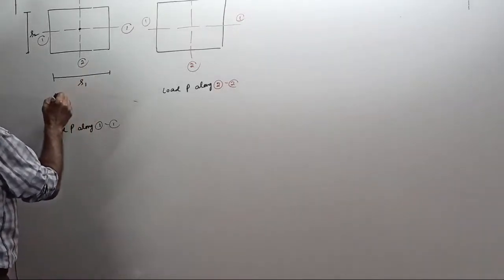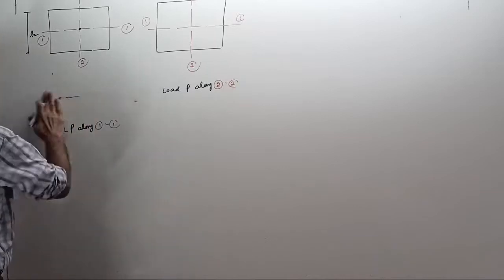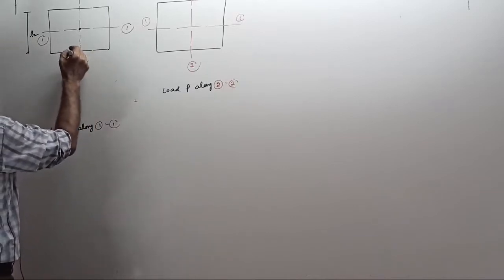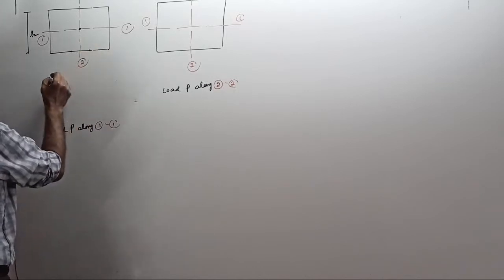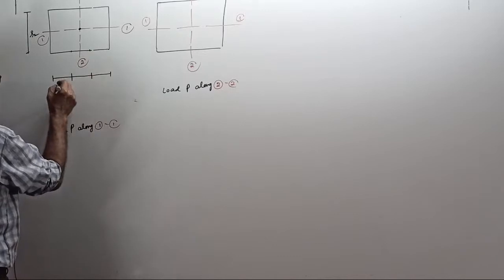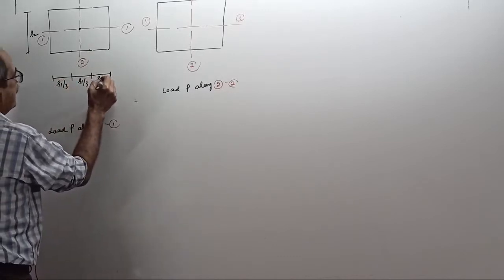Now, what you do is, this total S, divide into 3 parts. I'll divide here, first of all. See, this is S1 by 3, S1 by 3, S1 by 3.